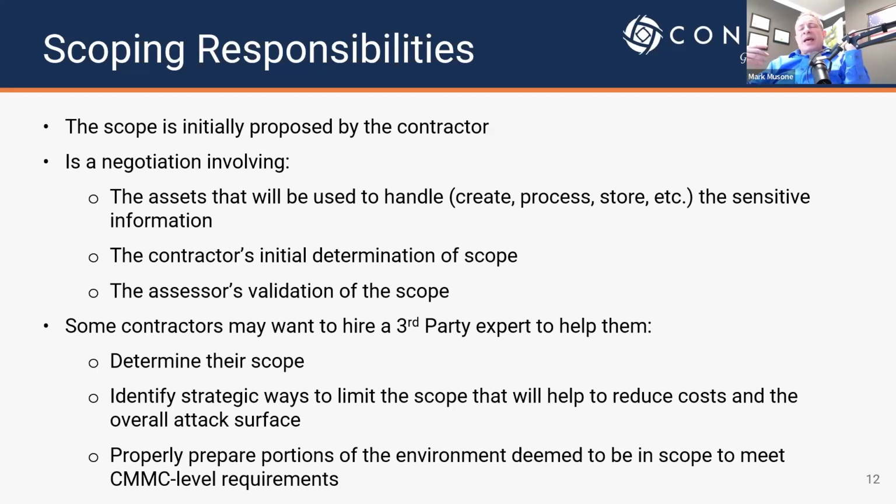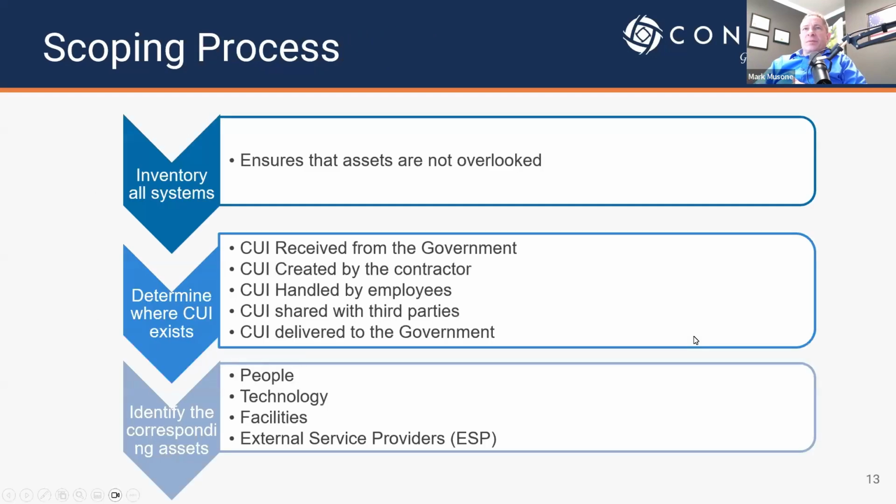One of the benefits Anna mentioned earlier to limiting scope is you don't want to spend your money, resources, and time protecting systems that don't need to be protected. That's one of the huge benefits of limiting scope. We can either scope things out or prepare parts of the environment that are in scope to meet those CMMC requirements.